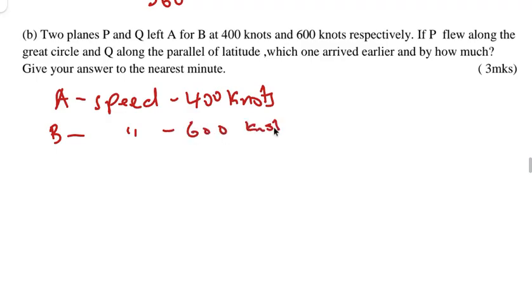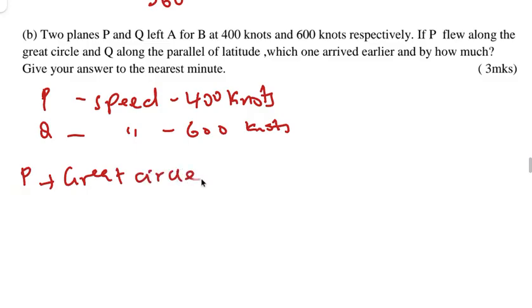So plane P flew along the great circle and plane Q flew along the small circle, along the parallel of latitude.